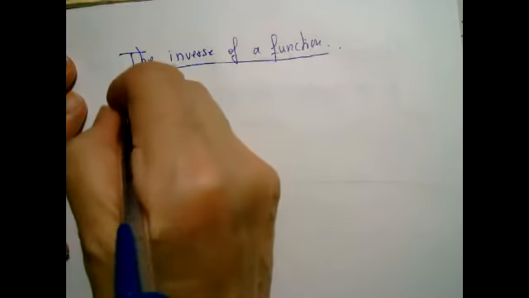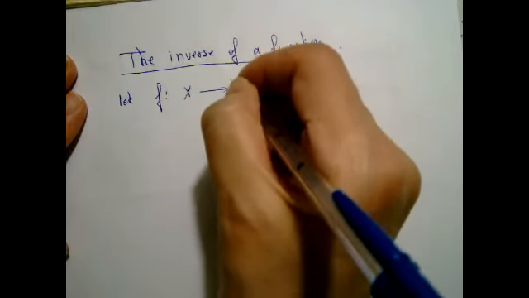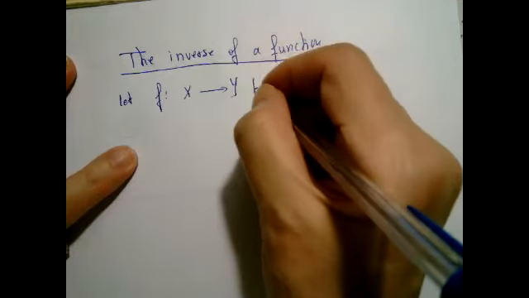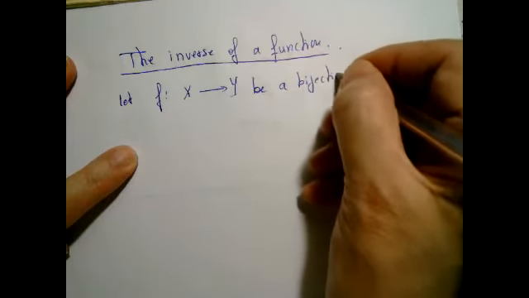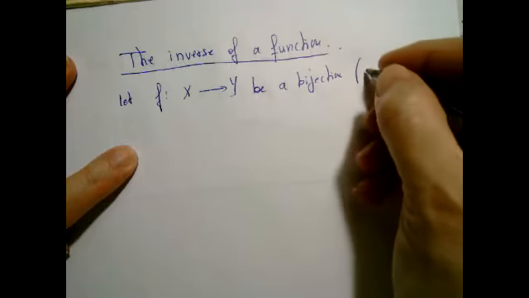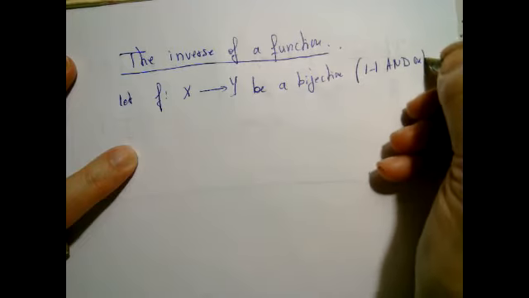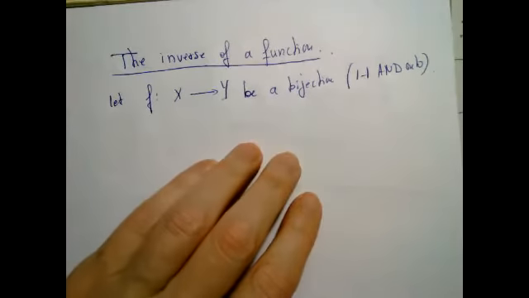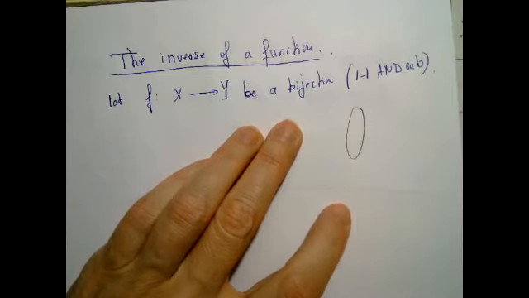Suppose F from X to Y be a bijection. Important. It means one-to-one and onto. Okay, so the picture is, this one is the picture.